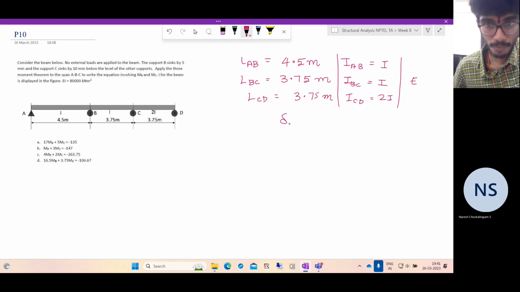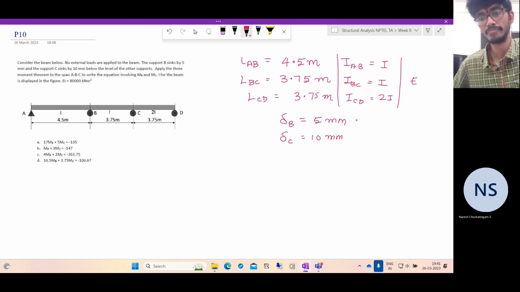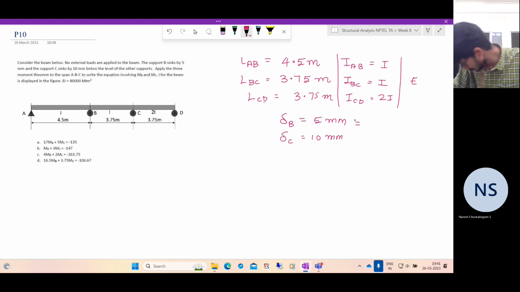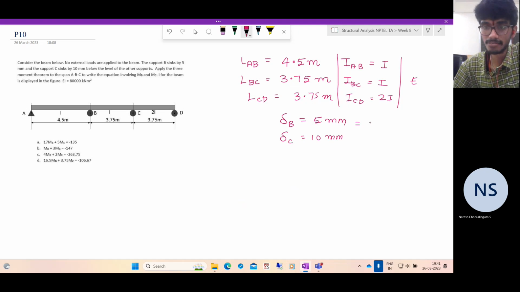In addition, we have a support settlement of delta B equal to 5 mm and delta C equal to 10 mm. Since everything is in meters, we have to solve it in consistent units, so this will be 0.005. Let us now apply the three moment theorem.